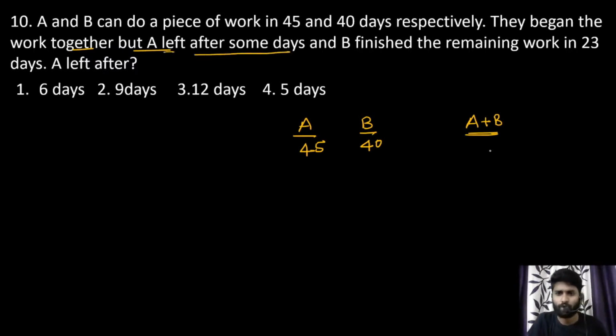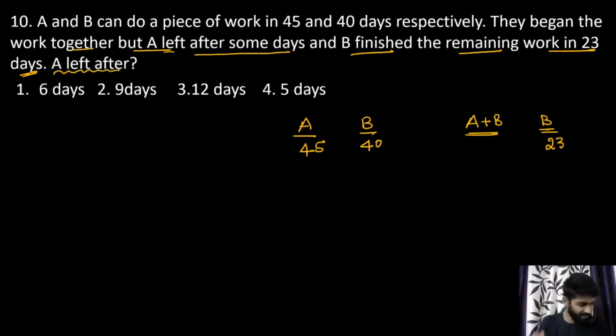We don't know how many days they worked together. After A left, B was working and finished the remaining work in 23 days. Last 23 days, B was working alone. My question: A left after how many days?